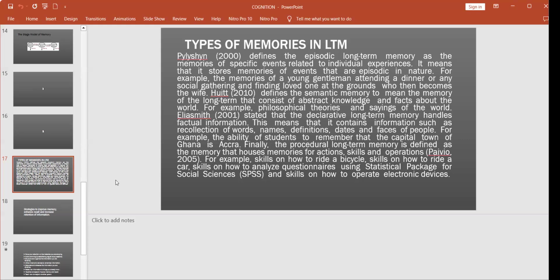Very good. Now, retrieval. Which is the easiest to retrieve? Semantic, procedural, or episodic? Episodic memory. Very good, because it's actually voluntary. You don't have to think much.